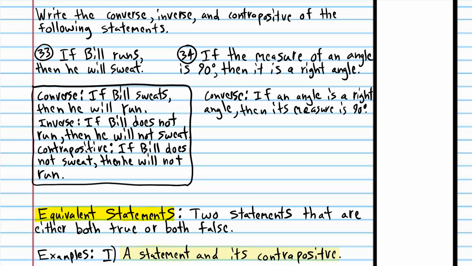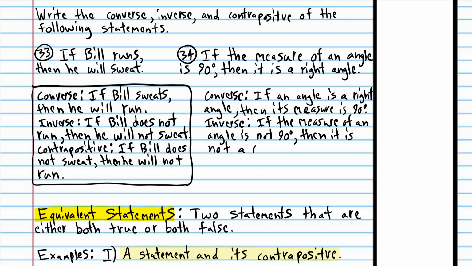We switch the hypothesis and the conclusion. Now we have to find the inverse. So again, with the inverse, you go back to the original statement and you negate both of them. If the measure of an angle is not 90 degrees, then it is not a right angle.